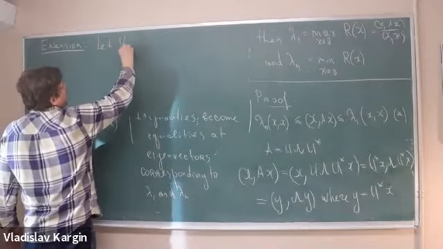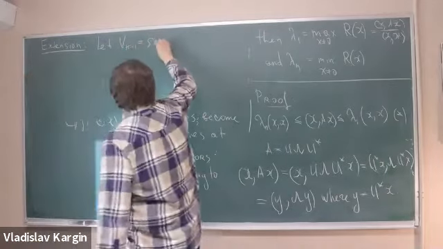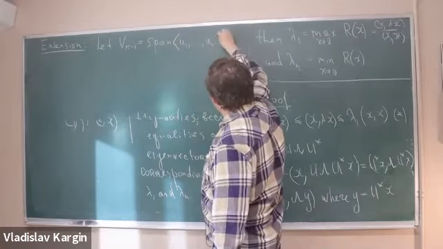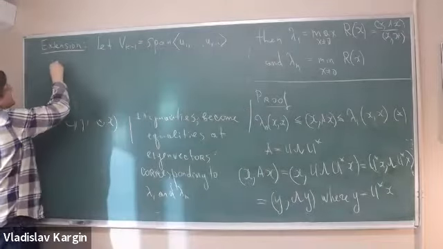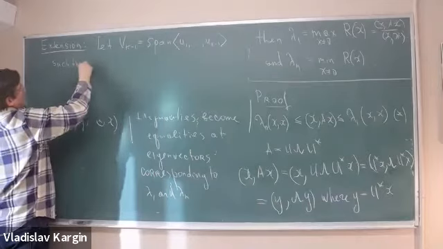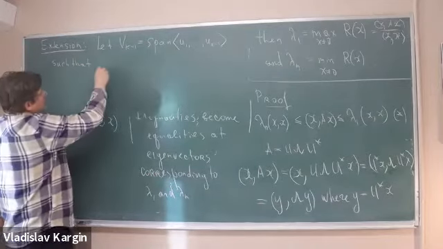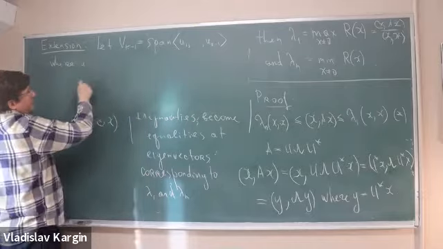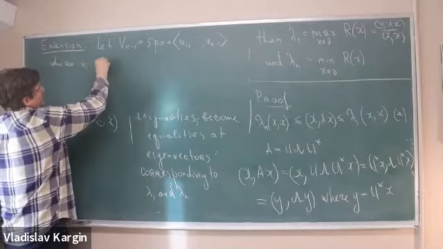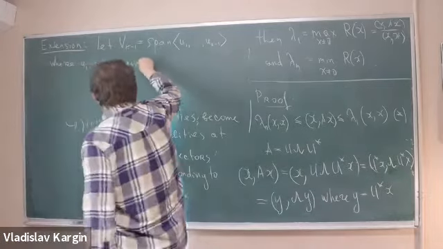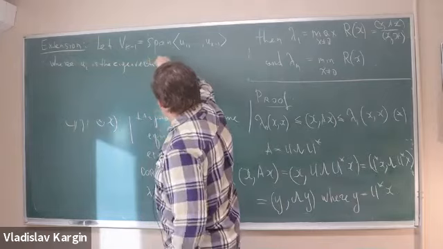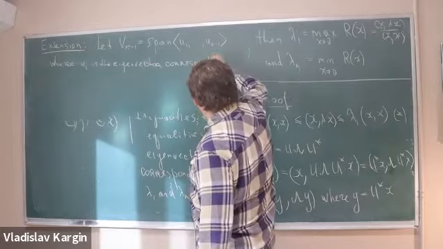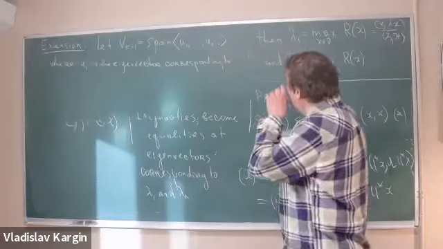V k minus 1 be the span of u1 through u k minus 1, where u i is the eigenvector corresponding to lambda i.